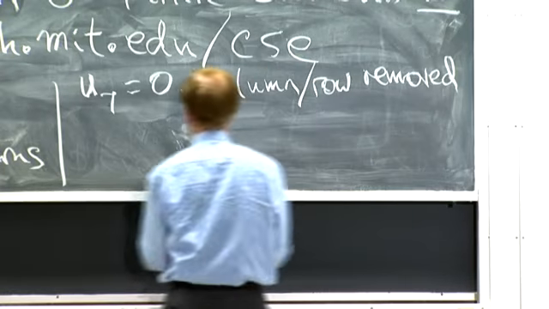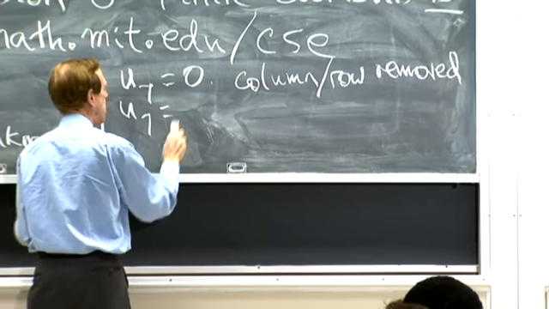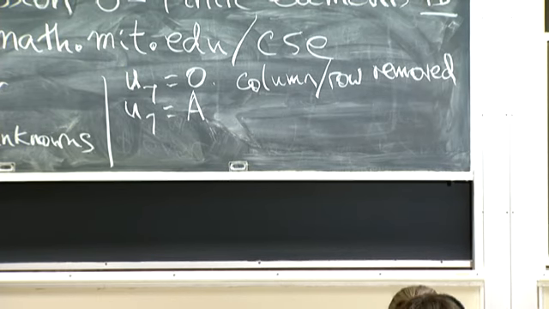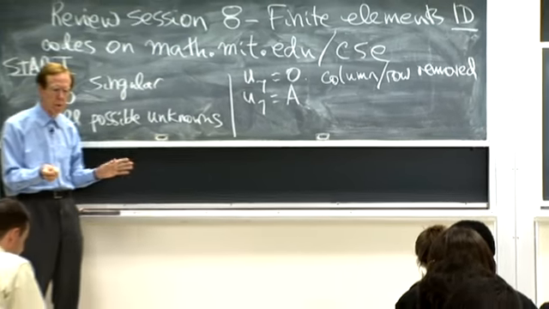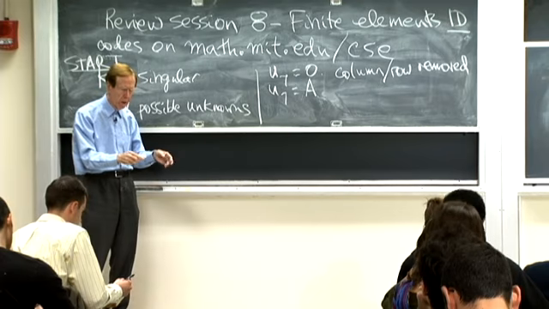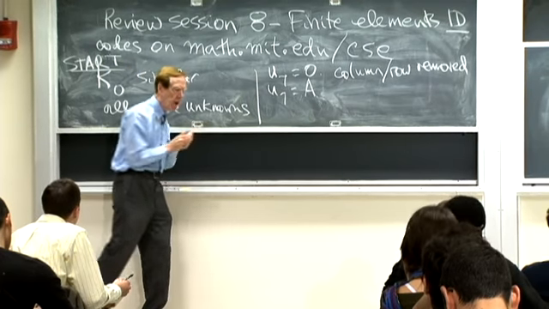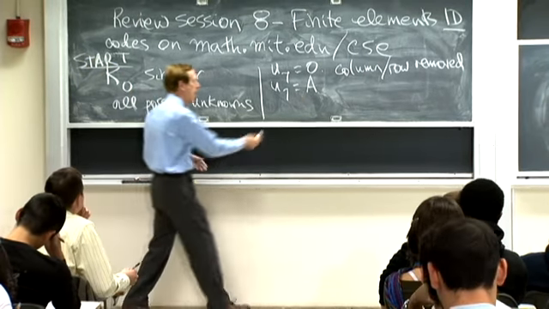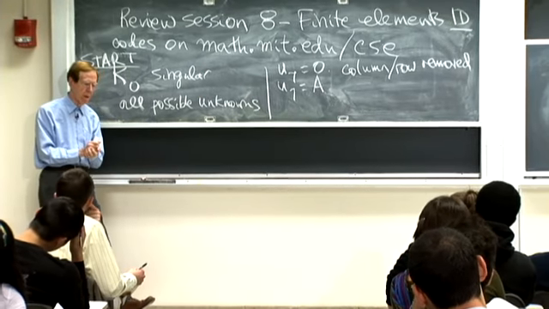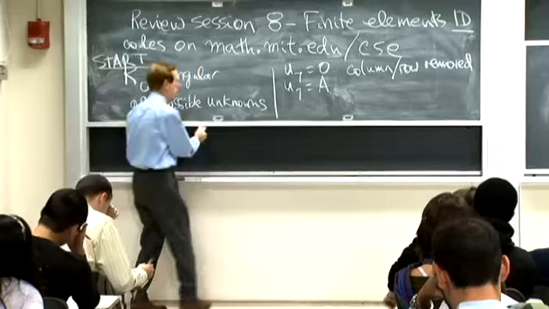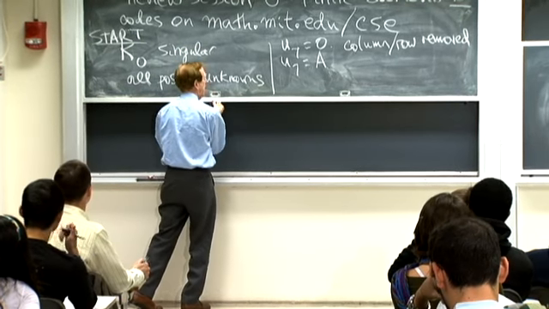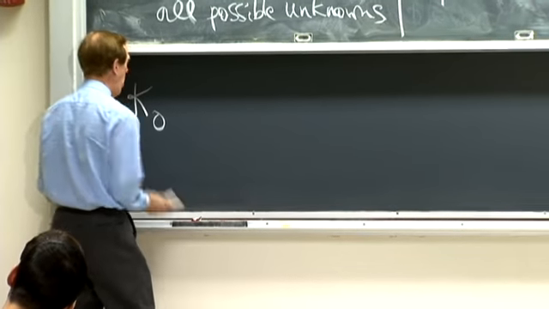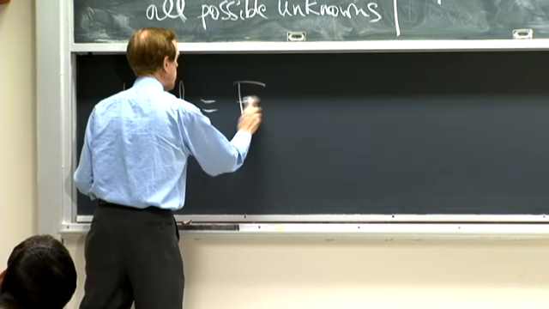Okay. Now suppose U7 has some value, A. How do we account for that? U7 isn't unknown anymore, so we want to get that column out of our matrix, but something has to happen to account for the A. So what is that? My picture is that we have my original K0 times all the U's equal to all the F's.